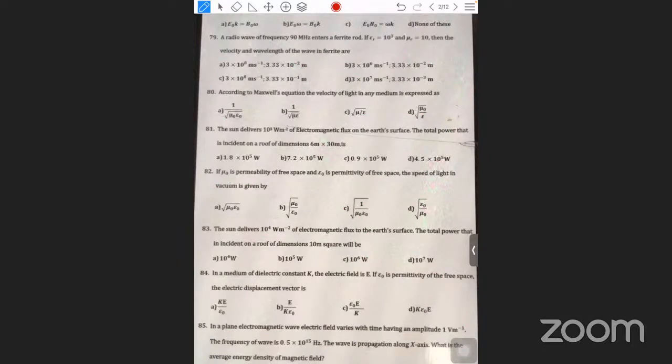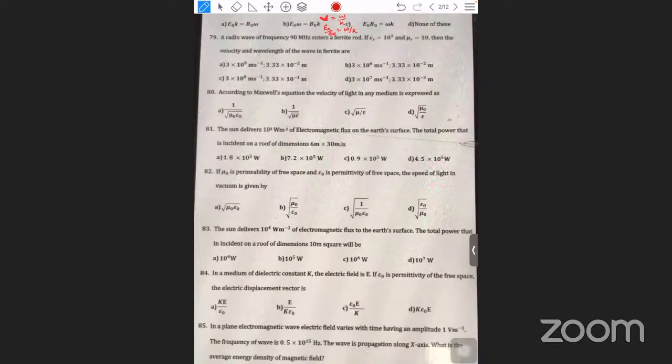You know that the velocity of the wave c is equal to omega by k, v = omega by k. This is the general formula. Now I want the velocity in terms of the fields, that is E naught divided by B naught. So v can also be taken as E naught by B naught, which is equal to omega by k.